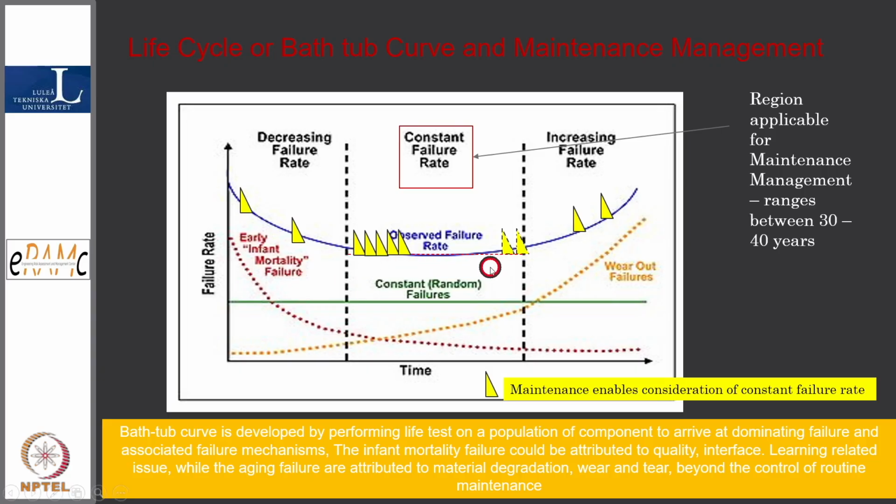That's how maintenance and reliability interact. And these curves, the wear out curve and the infant mortality curve, together give us the third curve. It is a joint distribution sort of thing for both. You can see maintenance is applicable in this region.